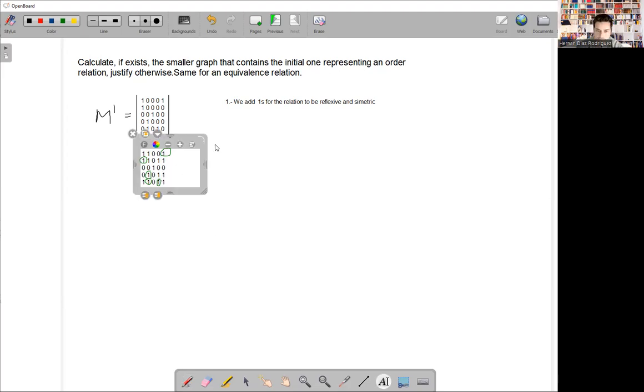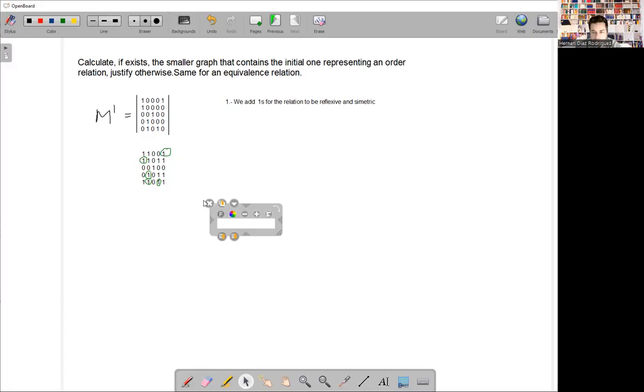Okay, so this was the original, and now we have M prime, which is already reflexive and symmetric.